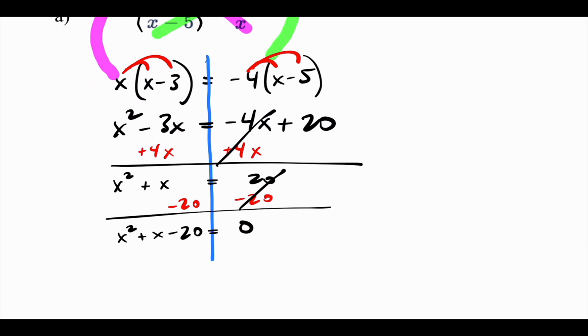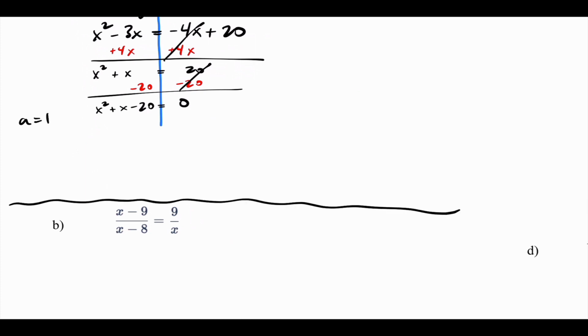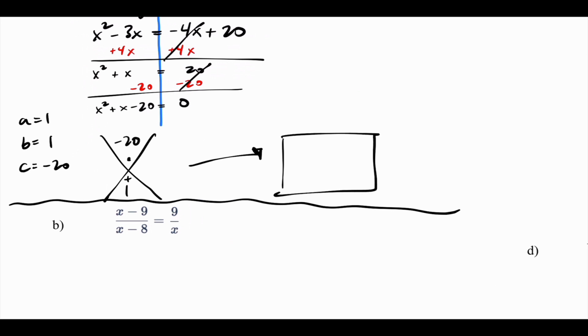Does the trinomial have a GCF? Besides 1, no. ABC. A equals 1, B equals 1, C equals negative 20. Negative 20, positive 1. So let's see.